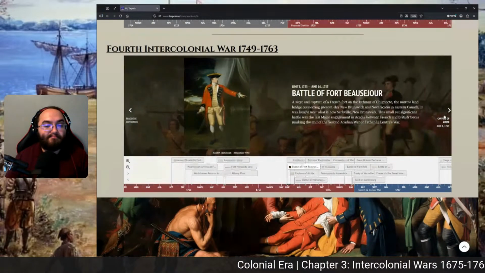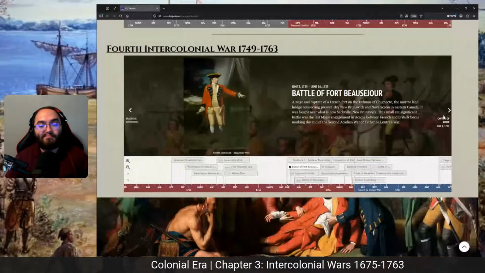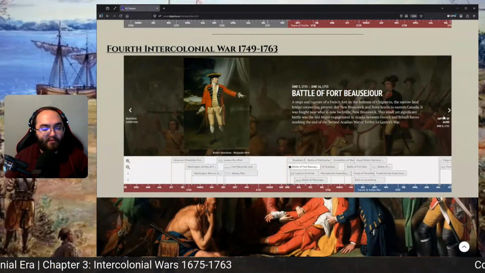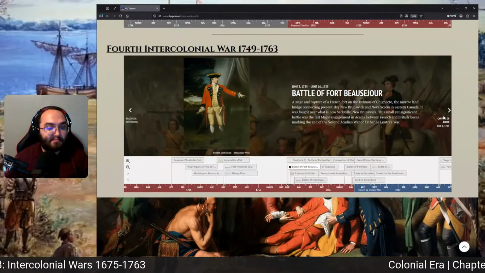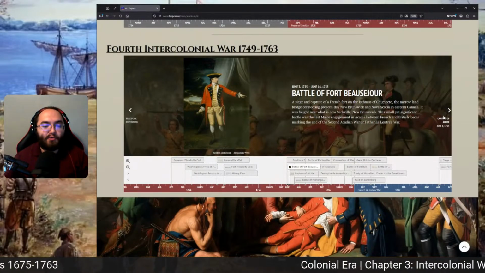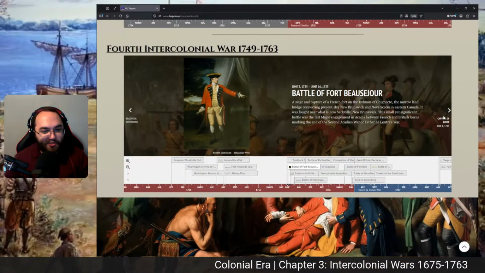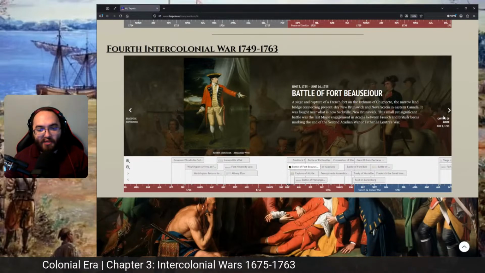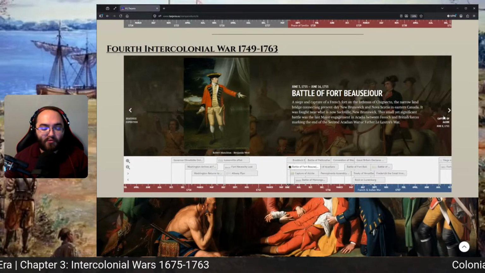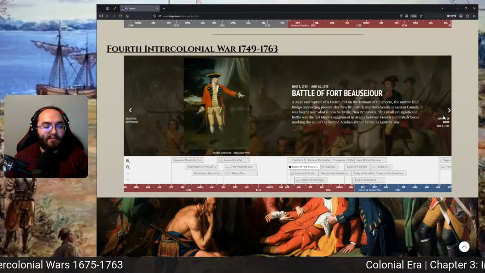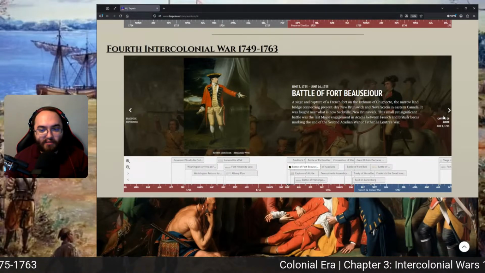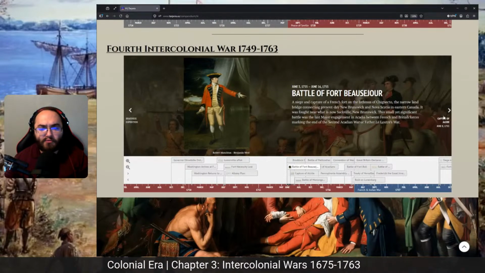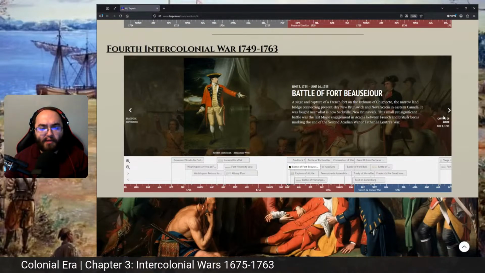And while that's going on, the British fighting the French and the Native Americans in the deep interior frontier, you have a successful British battle. I cannot say these French names. Beausejour, Fort Beausejour. This guy, Robert Monckton, I think he's a general, and he will win this.